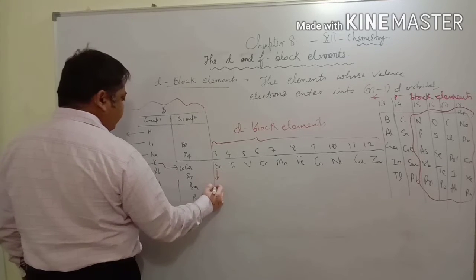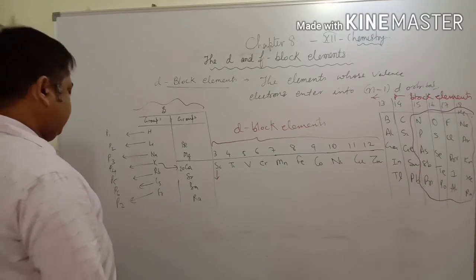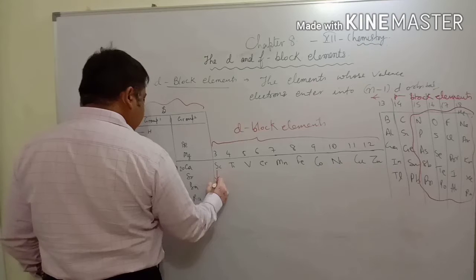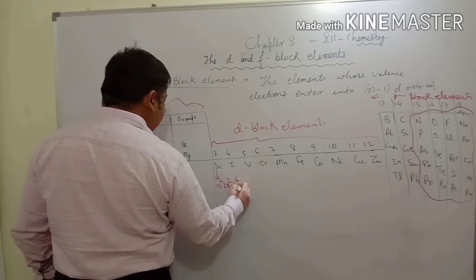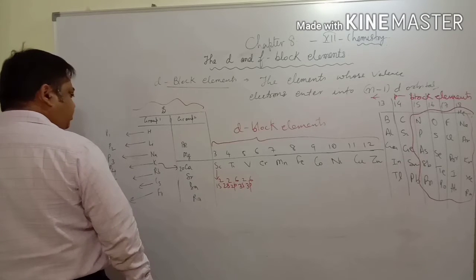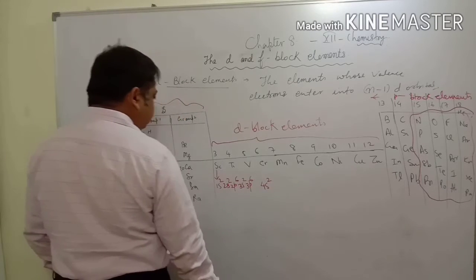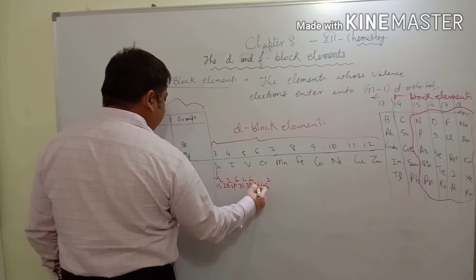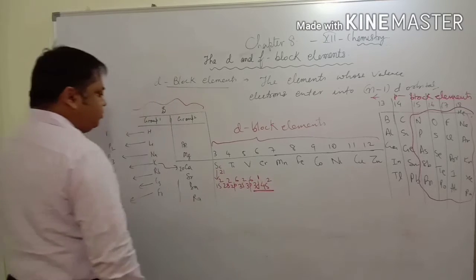First scandium, the nearest noble gas is argon 18, or we can write it like this also, 1s2, 2s2, 2p6, 3s2, 3p6, 4s2, and 3d1. So scandium 21 is 3d1 4s2.